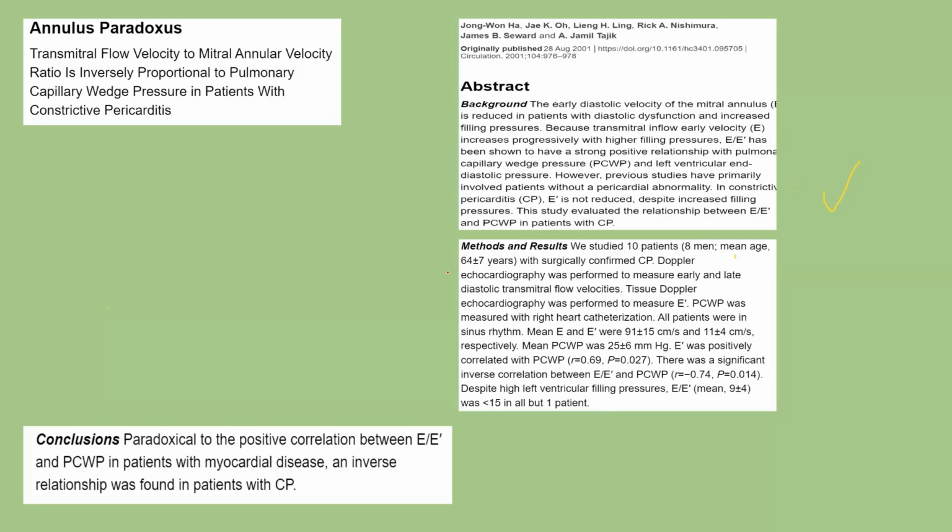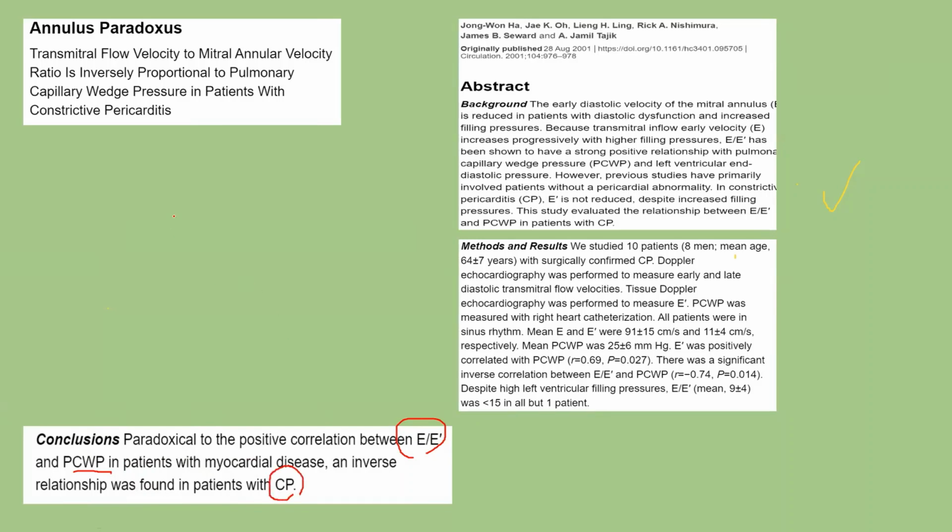So what's the difference? Look here: it's the paradox of the positive correlation between E/E prime ratio and the pulmonary capillary wedge pressure in patients with myocardial disease. An inverse relationship was found in patients with constrictive pericarditis.